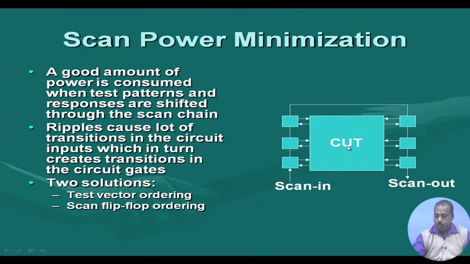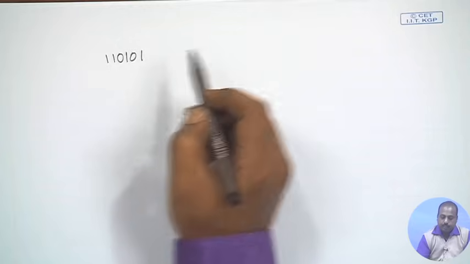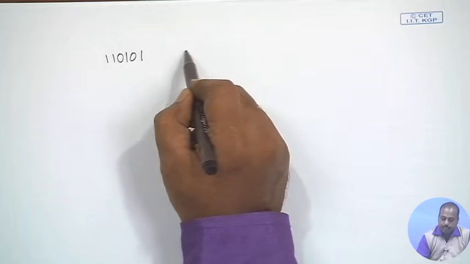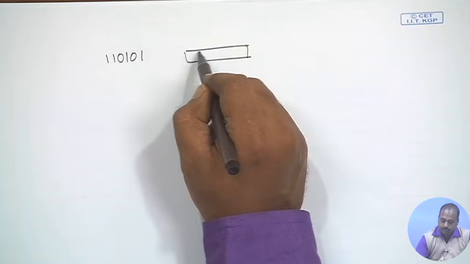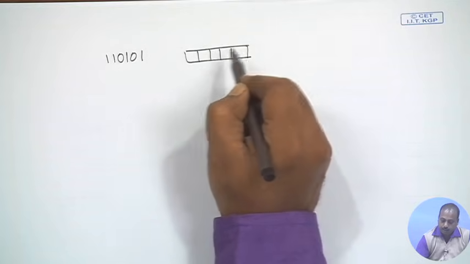So if we are looking for an exhaustive calculation, then if I have to shift in a pattern, say 1 1 0 1 0 1 like this, and assuming that the scan chain initially contains all 0.